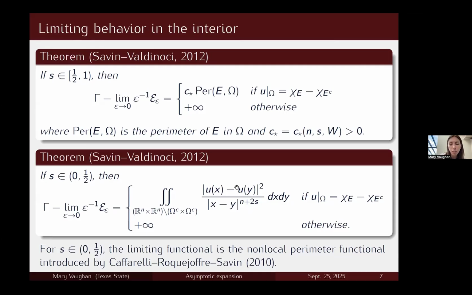Morally, this is equal to the non-local perimeter functional that was introduced by Caffarelli, Roquejoffre, and Savin in 2010. So again, when s is bigger than or equal to 1/2, you converge to the classical perimeter, and when s is strictly less than 1/2, you gamma converge to the non-local perimeter of the set where u is equal to 1.